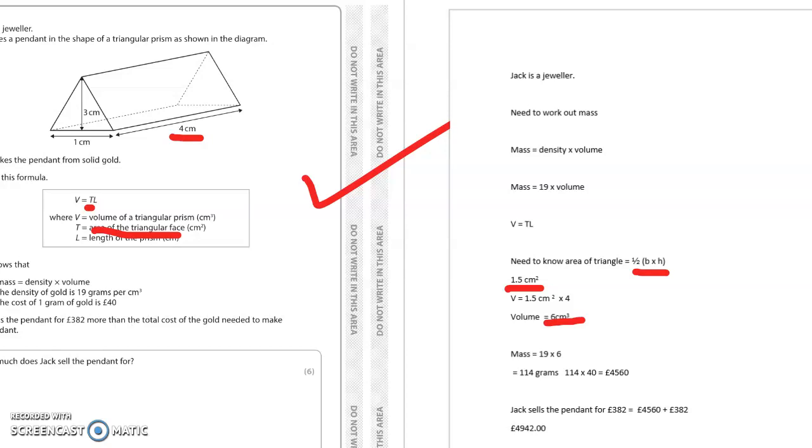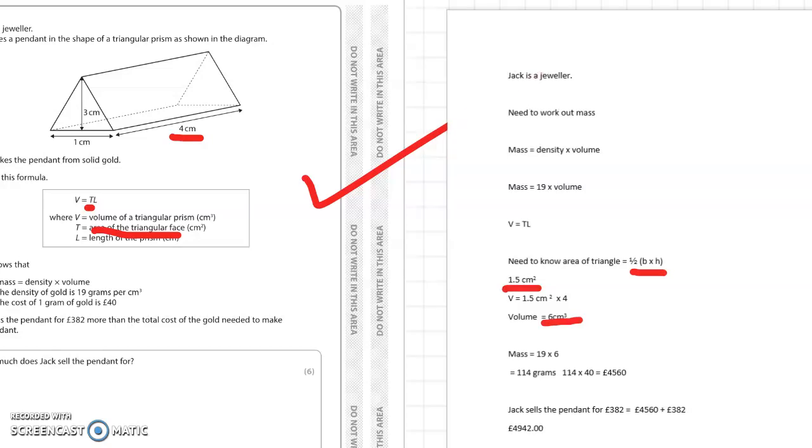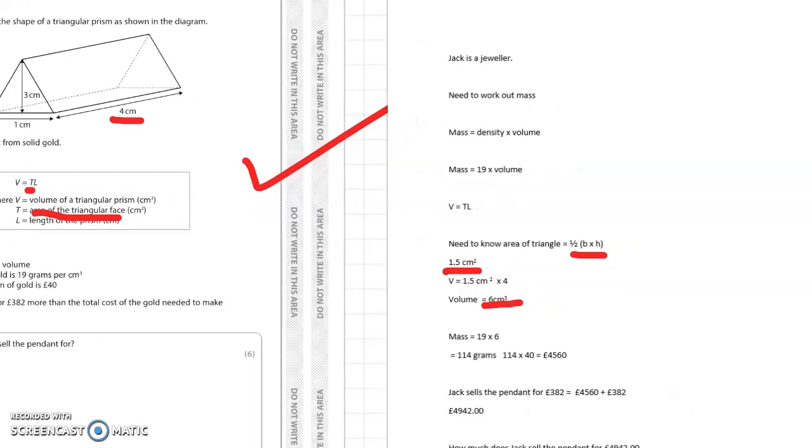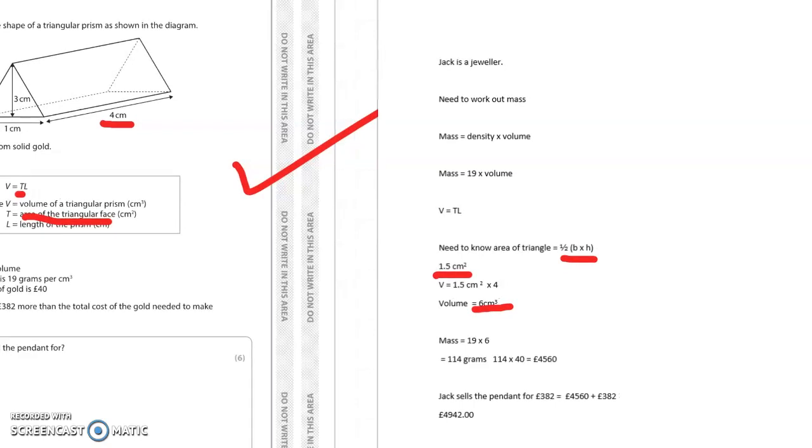Okay, so we've got what we need to work out the cost, because the cost is £40 per gram. 114 grams times 40 equals 4,560. Again, we need to work that out with long multiplication. That's not too bad. So that's how much it costs.